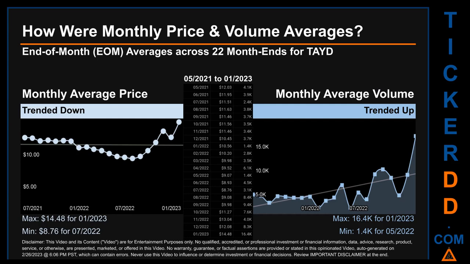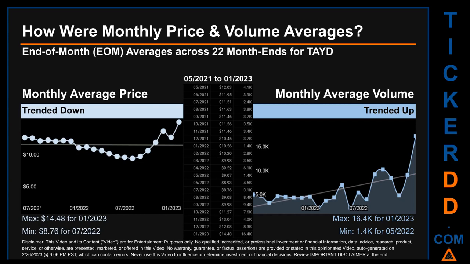How were price and volume averages for TAYD? Across 418 trading days, there were a total of 22 month ends, of which monthly averages for daily price and volume were calculated. Overall, monthly price average trended down while monthly volume average trended up.